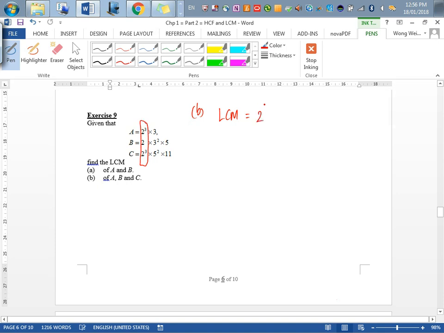So I have 2 cubed. Multiply by, let's look at all the 3's. Which one has the highest power? 3 square. Then what should I look at next? I should look at the 5's, right? Which is the higher power? 5 square. And one last lonely number, 11. What's the answer? 19800. Okay, thank you.